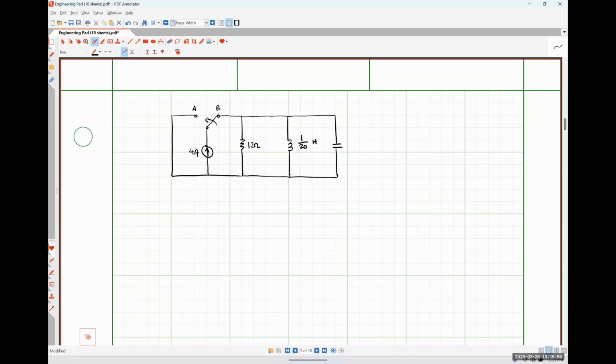Sam, give me a capacitor value in millifarads. 7 millifarads. Okay, so this is the circuit that we are going to attempt to analyze.